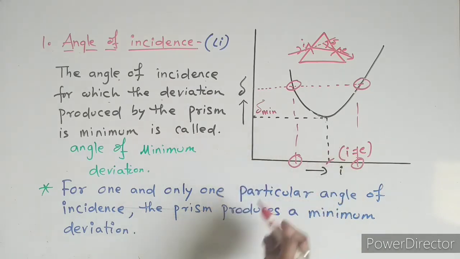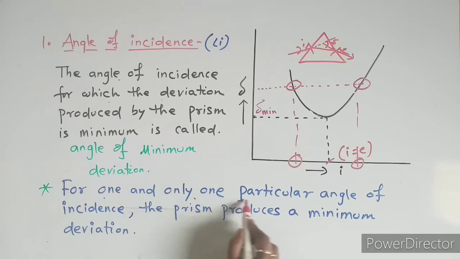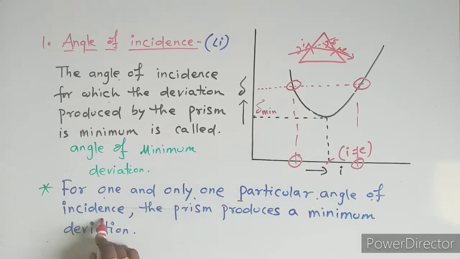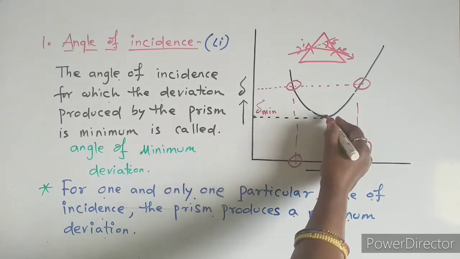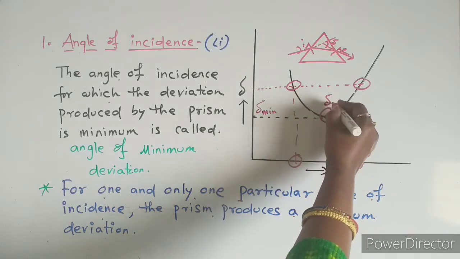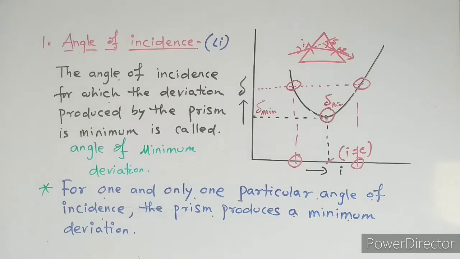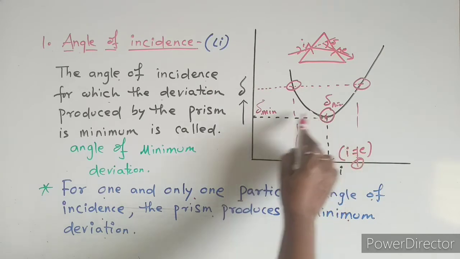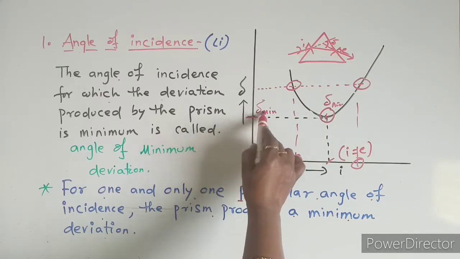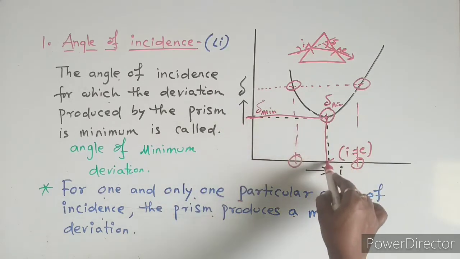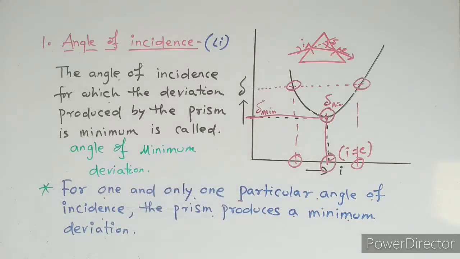But in this case, one and only one particular angle of incidence makes the prism produce the minimum deviation. This point is known as delta minimum for us, and it is only one. So for this delta minimum, there will be a particular angle of incidence.